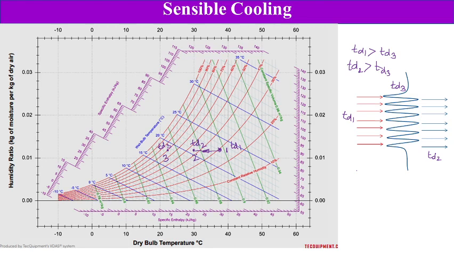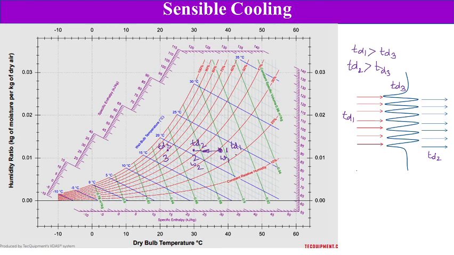This cooling process is similar to the heating process, but exactly reverse. It moves from right to left. So here we can find the specific humidity omega 1 is equal to omega 2. The specific humidity remains the same, whereas the relative humidity, if we see, is initially 30%.